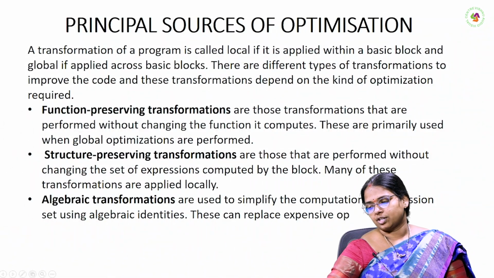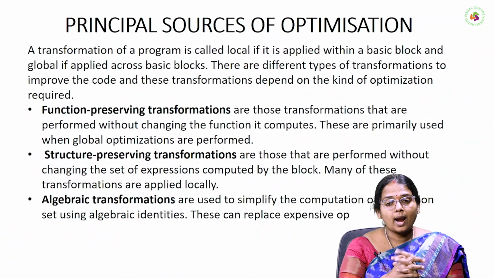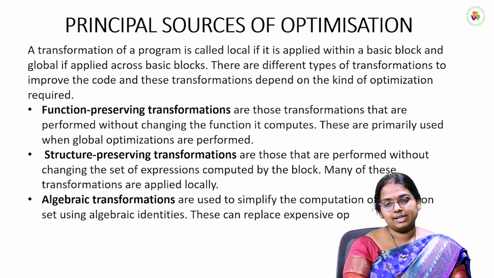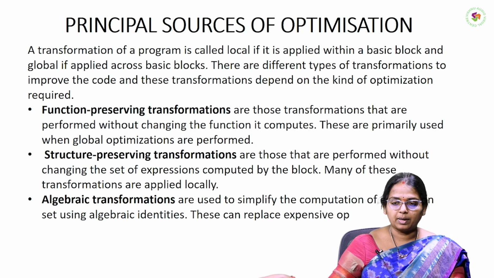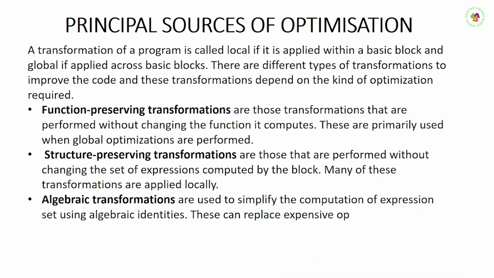So these are the introduction to the concepts which are required in optimization. Next, we'll see the principal sources of optimization. A transformation which is applied either at local level or global level, whatever transformation you apply, we'll call it optimization. Depending on the optimization techniques, the first is function preserving transformations, then structure preserving transformations, and algebraic transformations.